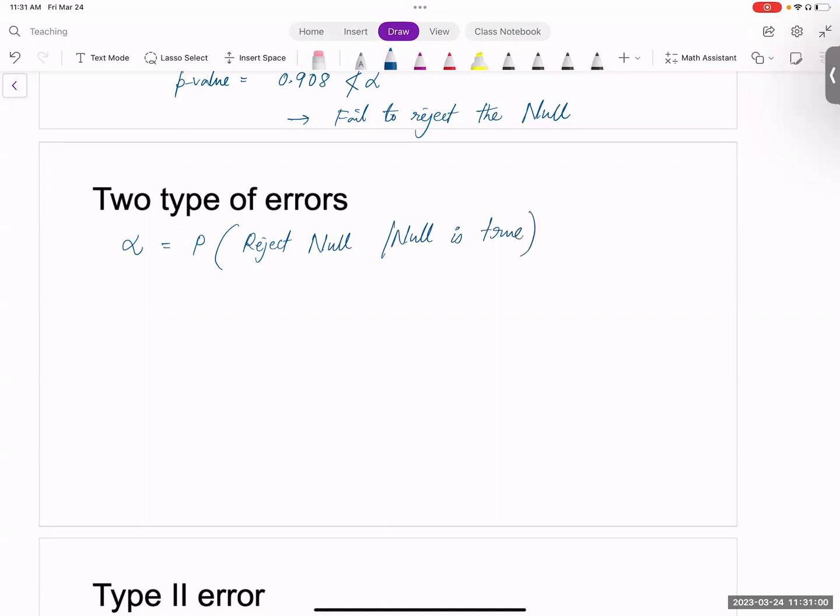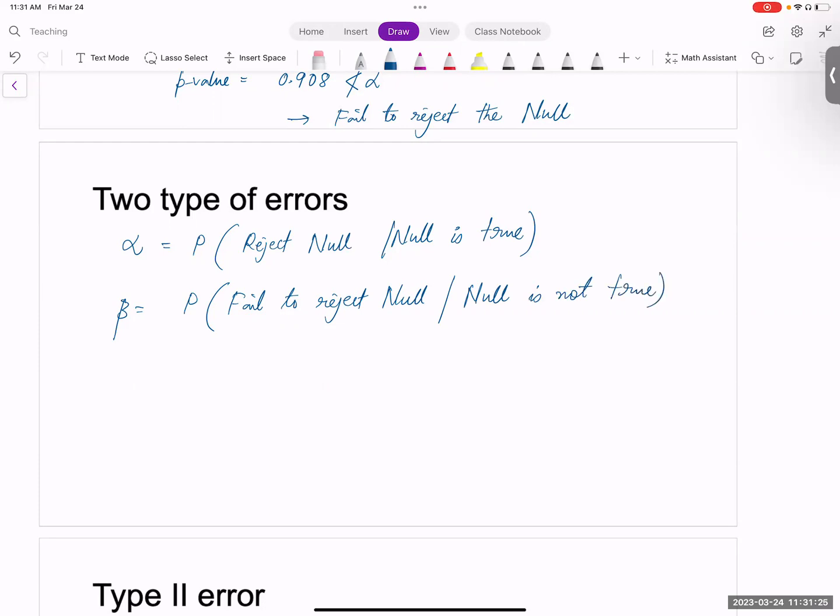This is our type 1 error. So in most cases, it's given to us. If it's not given to us, we'll compute it. We'll look at it later. But right now, we need to know how to compute type 2 error, which is beta. Beta is fail to reject null given null is not true.